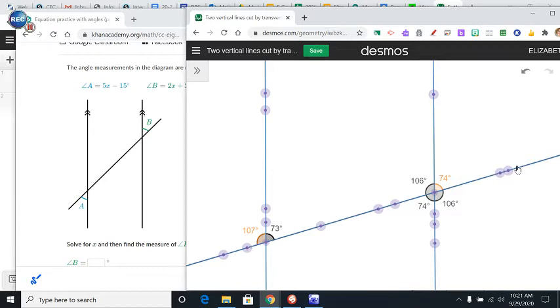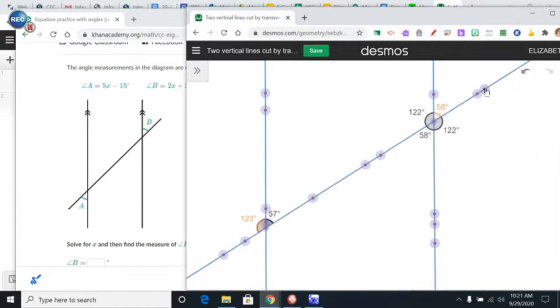So it takes a minute to set up the construction on Desmos, but I think it's a minute worth spent, because once you've got that, you can just refer to that for quite a few of these Khan assignments. Okay, so I'm looking at angle A and angle B, both outside of the two parallel lines, and I made sure that my 4 angles here matched my 4 angles here.